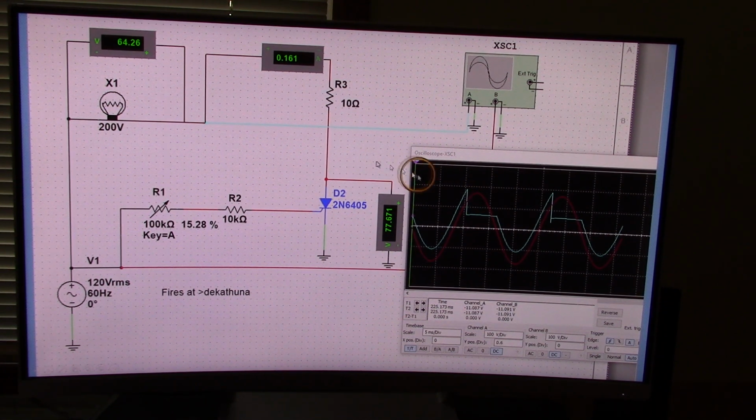If you move these cursors, you will see that it's coming close to this number right here. Again, remember, it depends on where you put the cursors, of course, but if it's a peak-to-peak value, you have to divide that by 2 to get a peak value and then multiply it by 0.7 to get the RMS value.